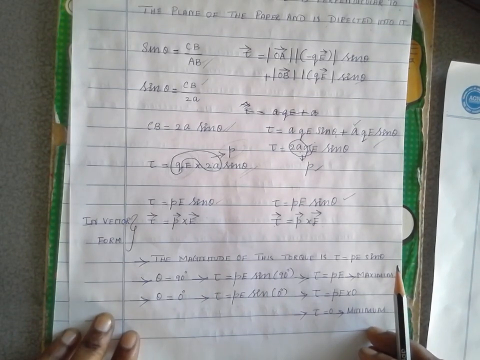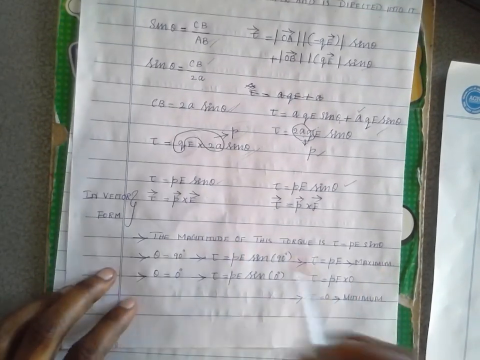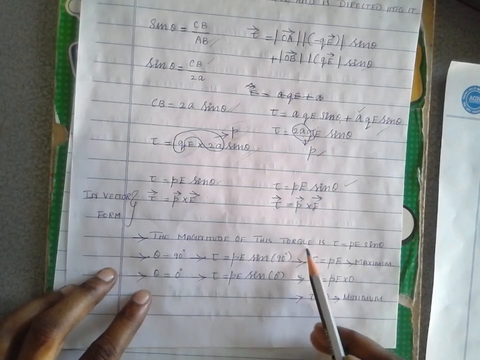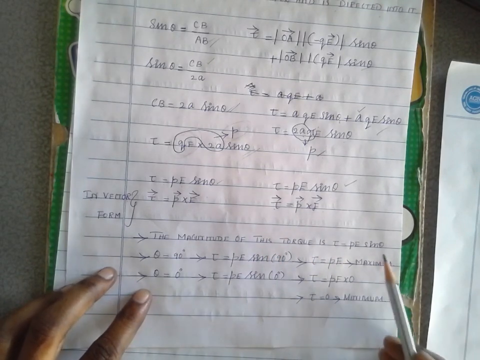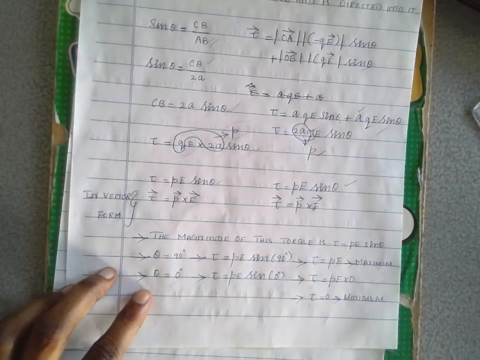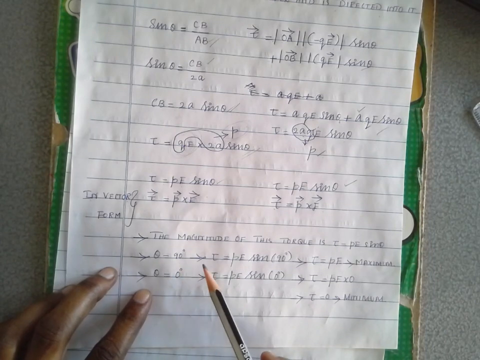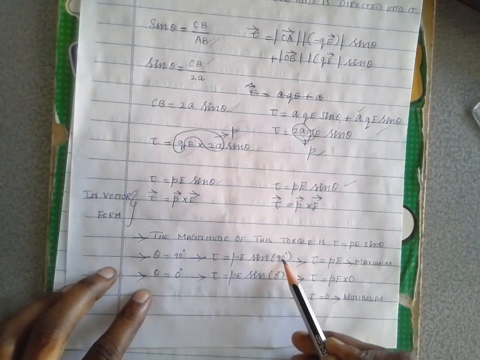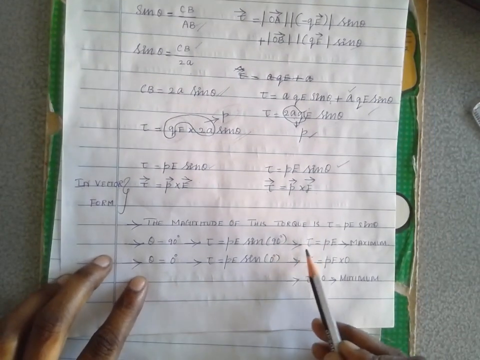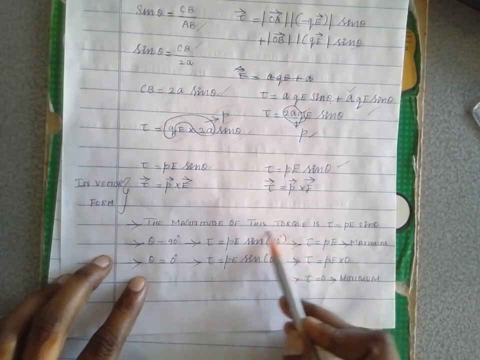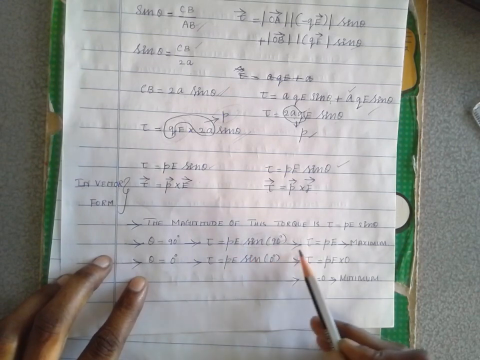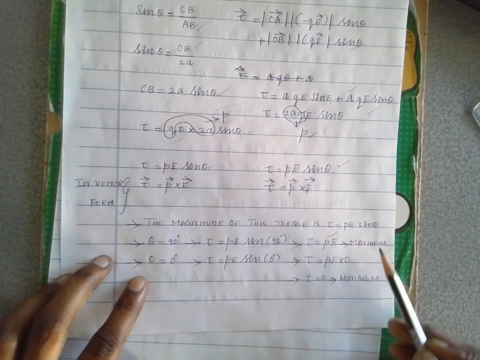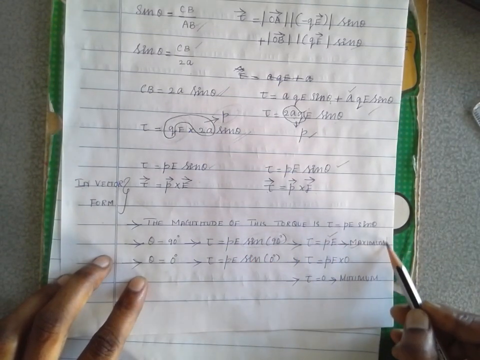Now I am going to conclude this. The magnitude of this torque is tau is equal to pE sin theta. Suppose theta is equal to 90 degrees, then tau is equal to pE sin 90 degrees. Sin 90 is equal to 1. Therefore tau is equal to pE. The torque will be at its maximum value.